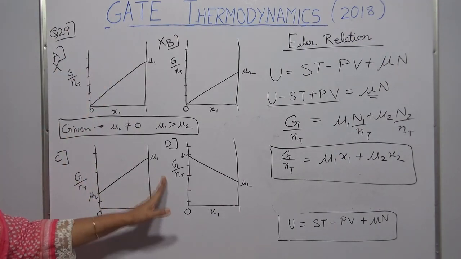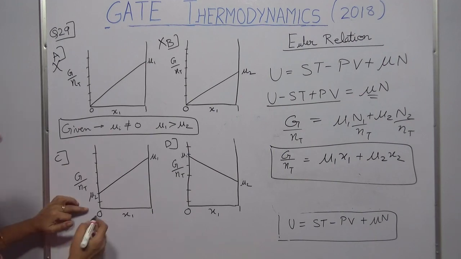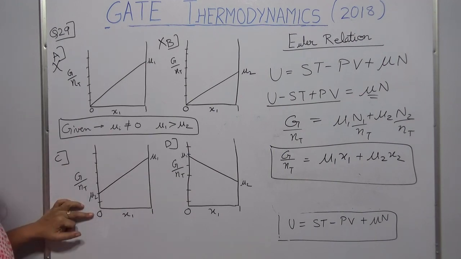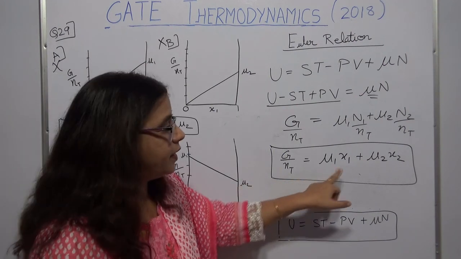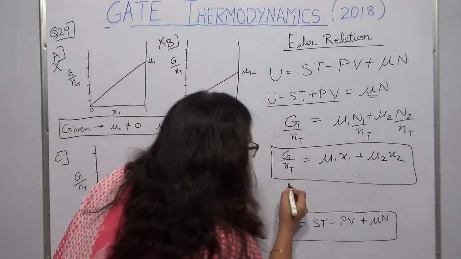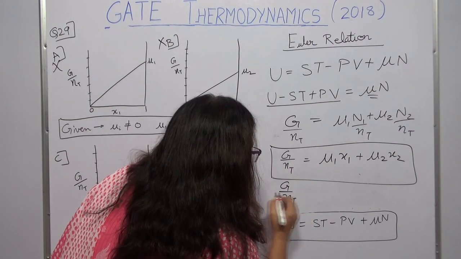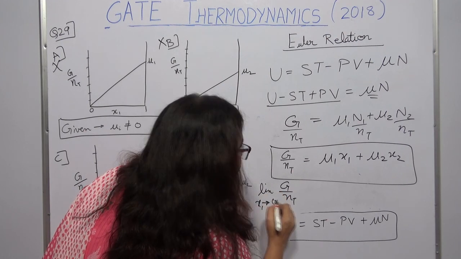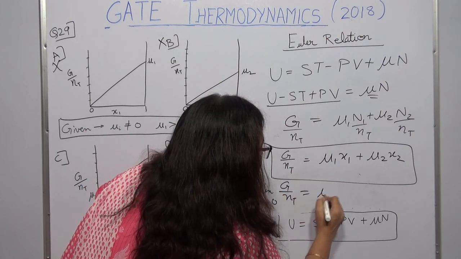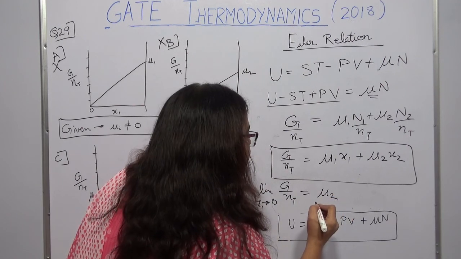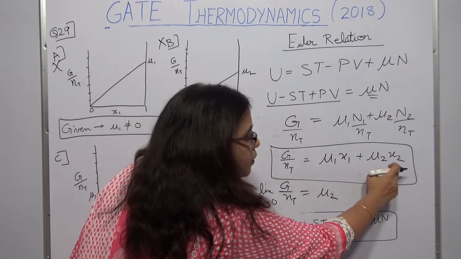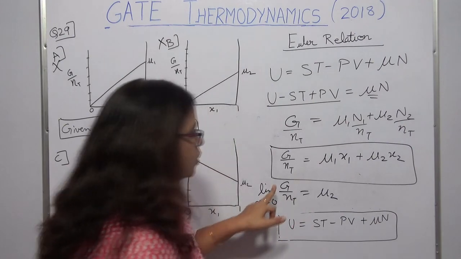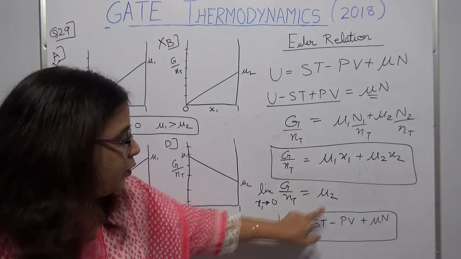At x1 equal to 0, let's see what happens. At x1 equal to 0, G by NT, limit when x1 tends to 0, is equal to mu2, because x1 tends to 0, x2 will tend to 1, so G by NT will be equal to mu2.